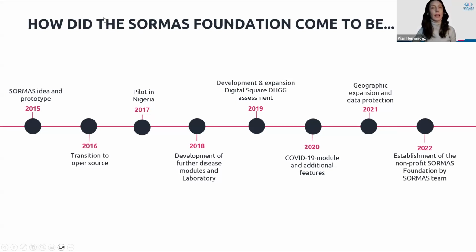So it was very clear at that time that it was not possible to have such a project in a research institution. That's why the nonprofit SORMAS Foundation was established in 2022 with the goal of supporting countries and making sure that the software has good quality and is sustainable.